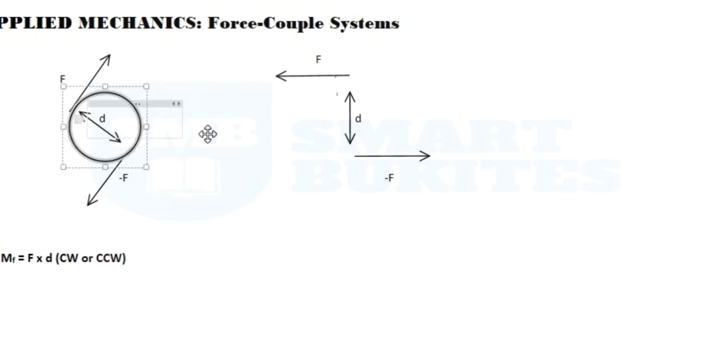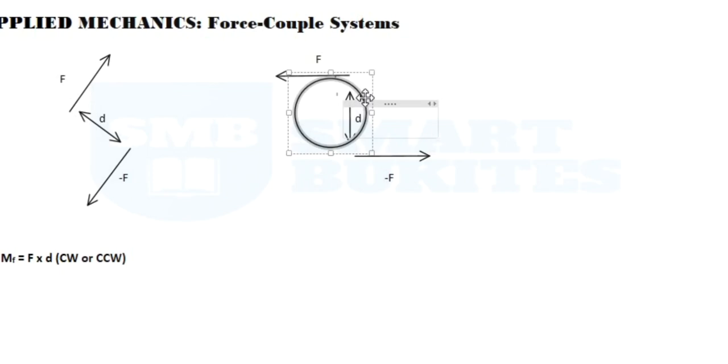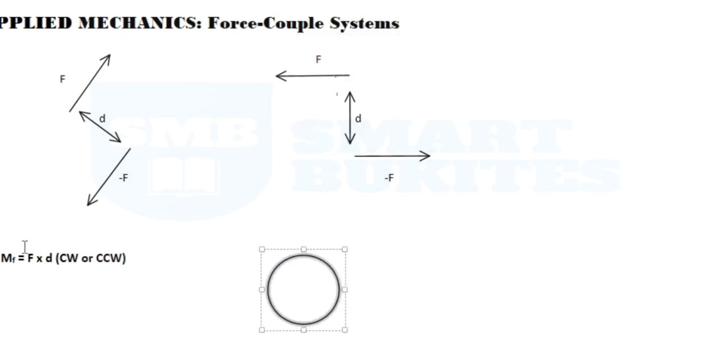On the other hand, if we were to put the circle here, and this is pushing it in this direction while this other one is pushing it in this direction, it will turn in the opposite direction, which is the counterclockwise direction. So it will depend on your sign convention, whether you're using positive counterclockwise and negative clockwise, or vice versa. That will depend on your chosen sign convention.